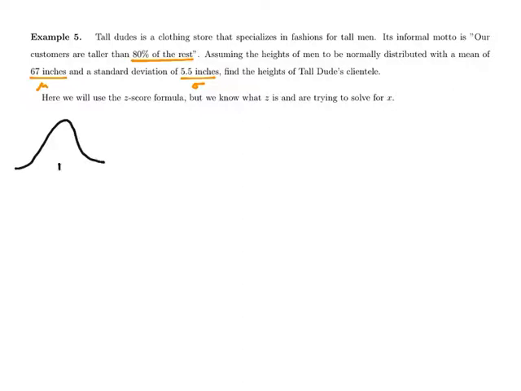Our mean is 67, and we know that the customers are taller than 80% of the rest. This is 80% of people who are going to be shorter than the customers. So that means that we're trying to find this value.